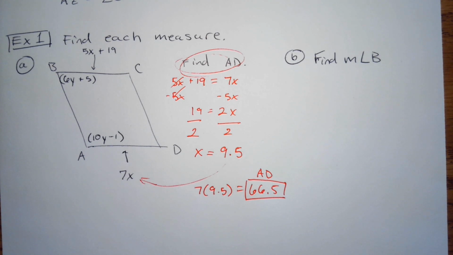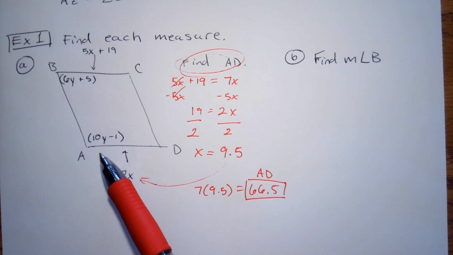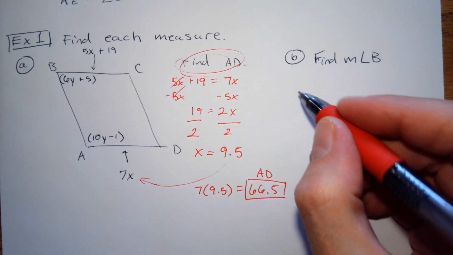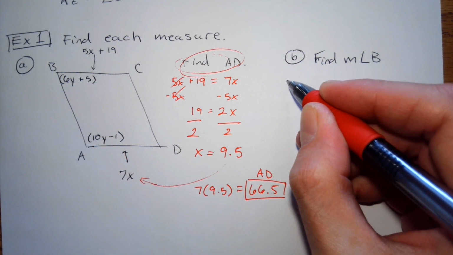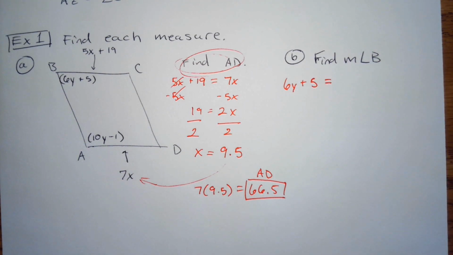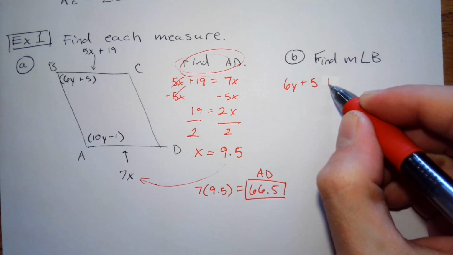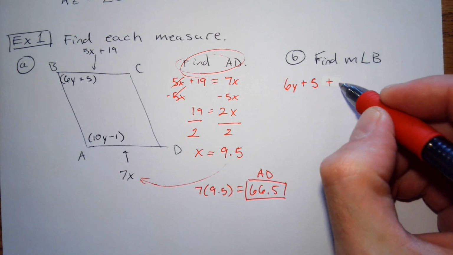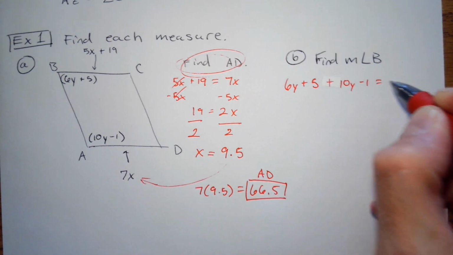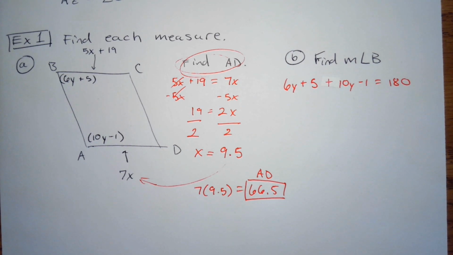And then the measure of angle B. Well, this plus this, these are consecutive angles, so they have to add up to 180 degrees. So 6y plus 5 plus 10y minus 1 equals 180.